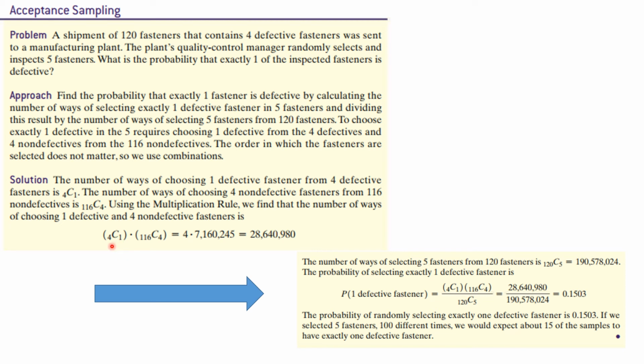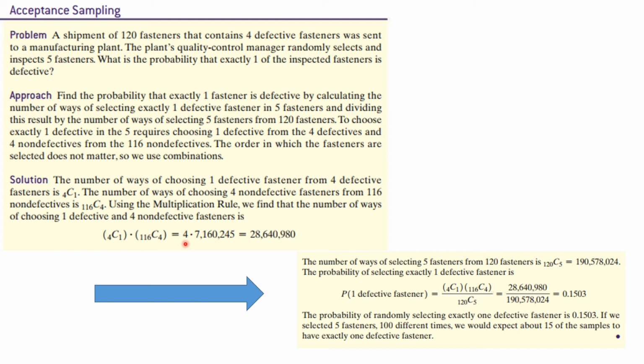How many different ways you could pick the defective is 4 choose 1. But then the rest of them are not defective, so you're picking 1 here, but the others have to be picked from those that are good. So you see there were 120 altogether, so we're picking the remaining 4 from 116. So you have to do both these calculations.